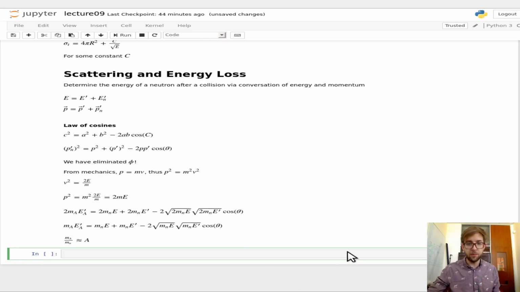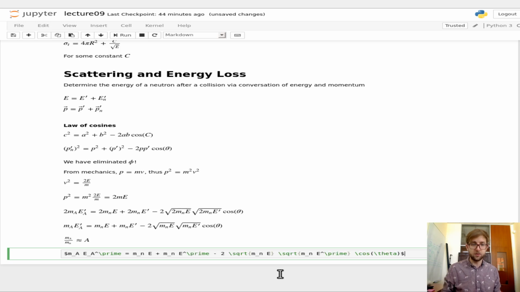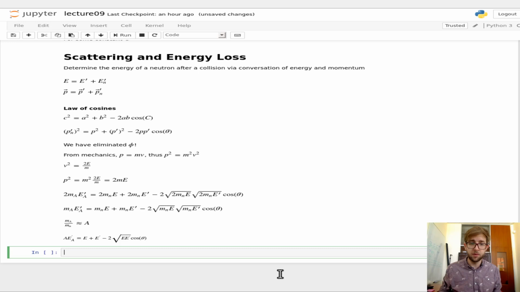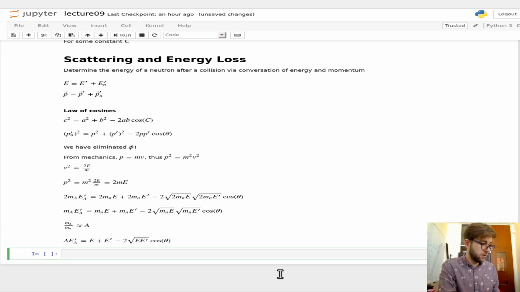And so if we divide this whole expression by the mass of the neutron on both sides, there's a neutron mass in all of those terms. We can thus go on to approximate this as just the A number times the energy of A afterwards divided by 2 times the square root of E prime. Okay? And so this is great.